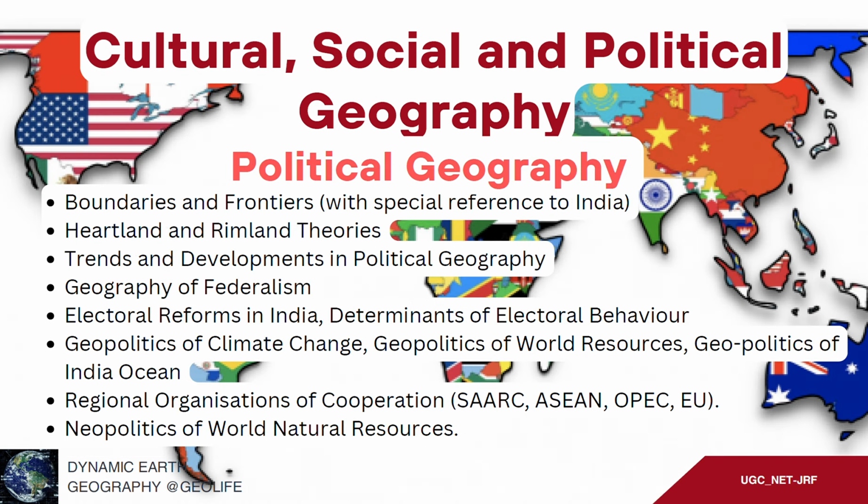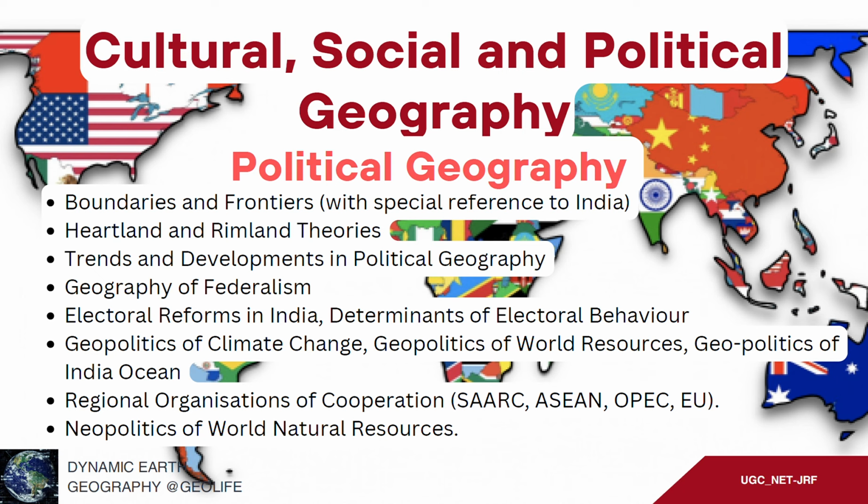Then political geography: it is not bounded only to India, it is bounded to the whole world. You need to understand concepts like boundaries and frontiers with spatial reference to India. Then heartland and rimland theory are the two major political geographical theories. Then trends and developments in political geography, geography of federalism, electoral reforms in India, determinants of electoral behavior, geopolitics of climate change, geopolitics of world resources, then geopolitics of the Indian Ocean.